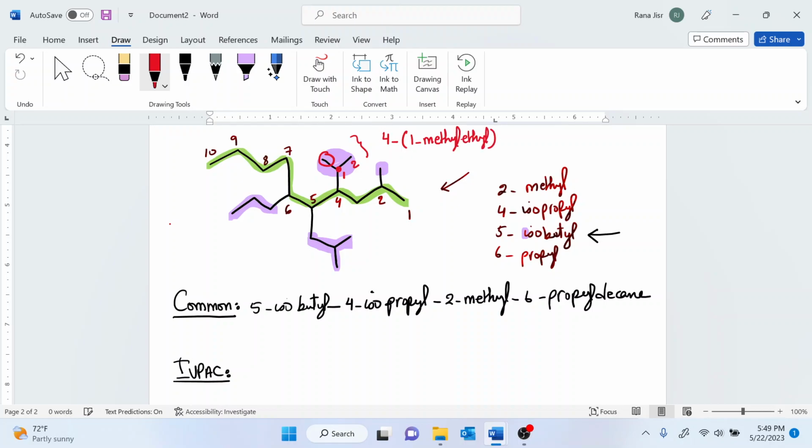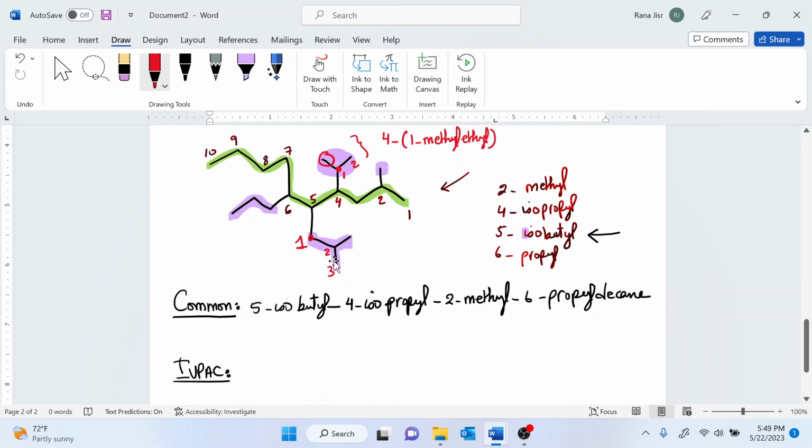Okay, and then for this branch that is coming off, I'm just going to name this as carbon number 1. So this is going to be carbon number 1. And then I'm going to move along this chain to choose my longest carbon chain in there. So this is going to be my longest carbon chain.